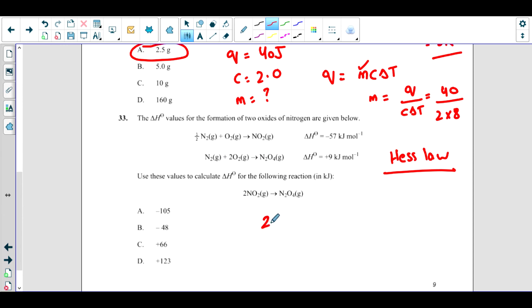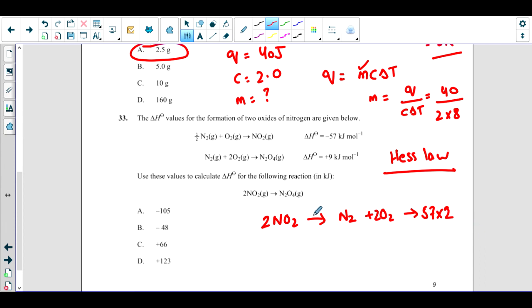Flipping it and timing it by 2, we get 2 NO2, this is half so it becomes 1, and here we have 1 O2 so it becomes 2 O2. And the value, flipped it, make it positive, 57 positive, and then 57 times 2, double.